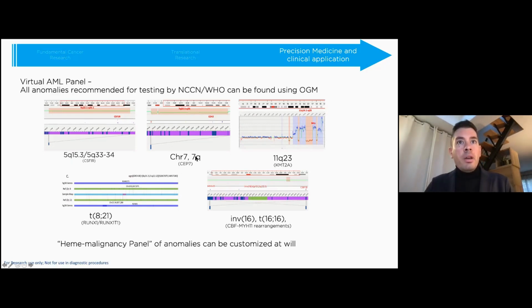You can have a 7q deletion. You have any event impacting the KMT2A gene, any event impacting the translocation 8;21 leading to a RUNX1-RUNX1T1 fusion, and also inversion on chromosome 16. You can create this panel for any cancer, any pathology that you wish.